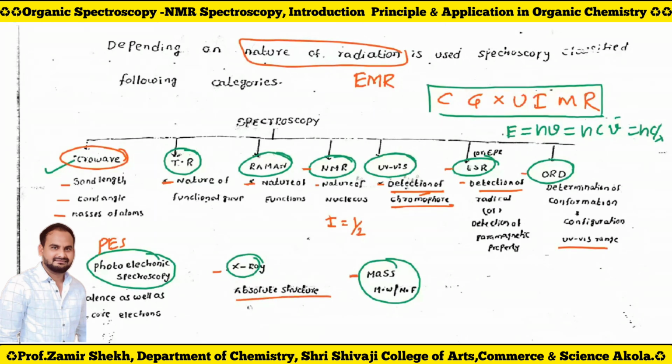The last one is mass spectrometry. This is the only spectral technique in which we are not dealing with electromagnetic radiation.